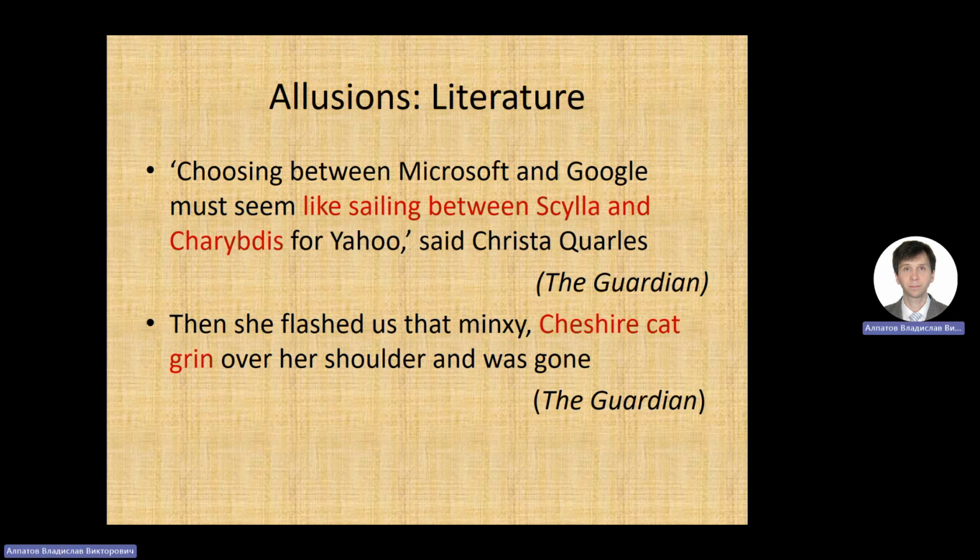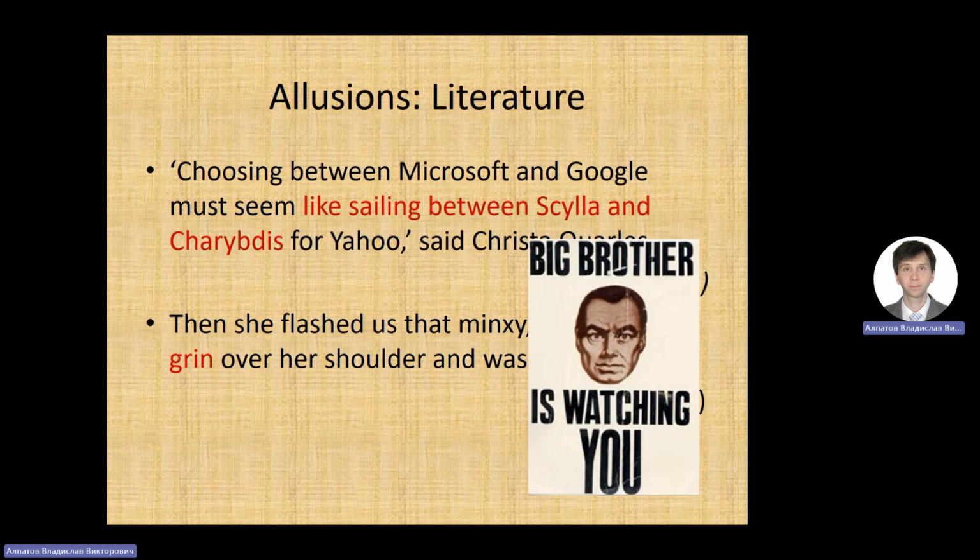So Scylla and Charybdis, that's a reference, an allusion to the Odyssey. Then "she flashed us that minxy Cheshire cat grin over her shoulder and was gone." That's an allusion to Alice in Wonderland. This is an allusion to 1984 by George Orwell.